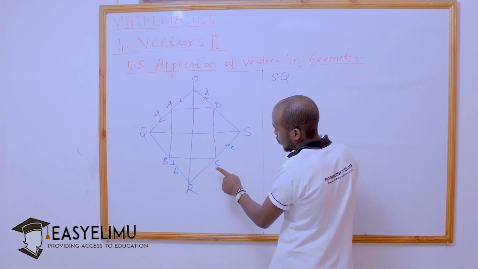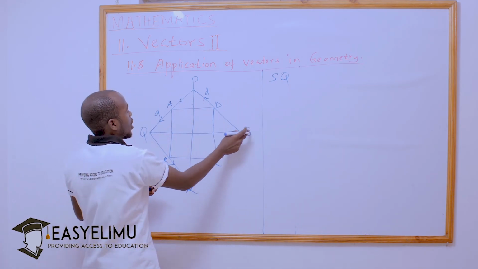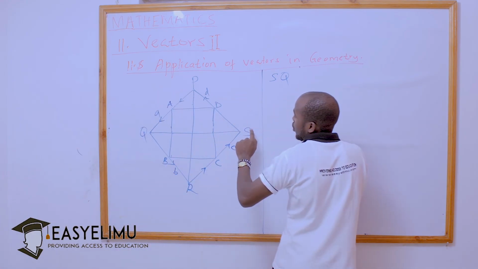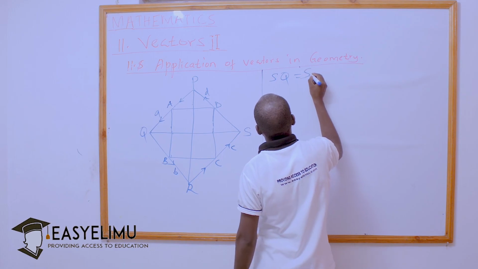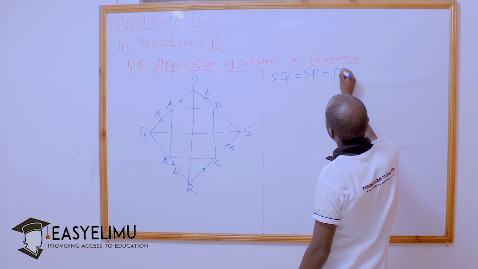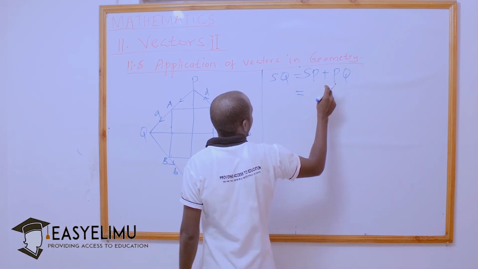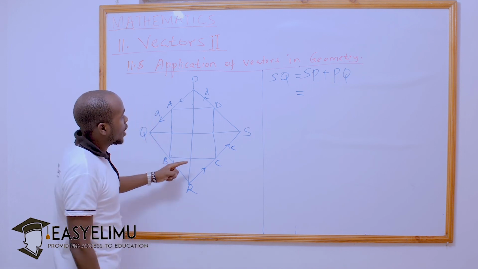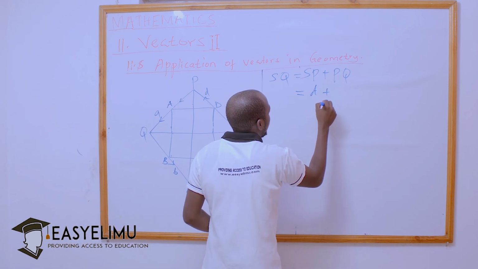And if we find SQ, we are going to find SQ depending on the upper side. So SQ equals SP plus PQ. So we are going to have SP plus PQ. SP is D plus PQ.